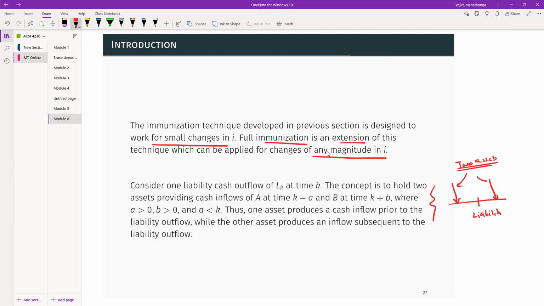So basically, you sandwich each liability using two assets. If you can find assets like that, and remember, sometimes you cannot do that, you cannot find two assets like that, and then if it satisfies some requirement, then you are going to have a fully immunized portfolio.